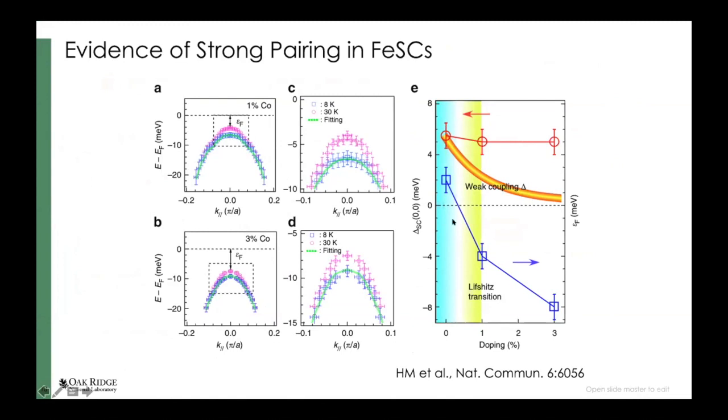So what we find is that even though the band does not cross EF, and in the weak coupling theory you expect the gap goes to 0, we still see a very strong pairing for those bands that do not cross EF. So all these results seem to indicate for iron-based superconductors, you do need a strong pairing mechanism.